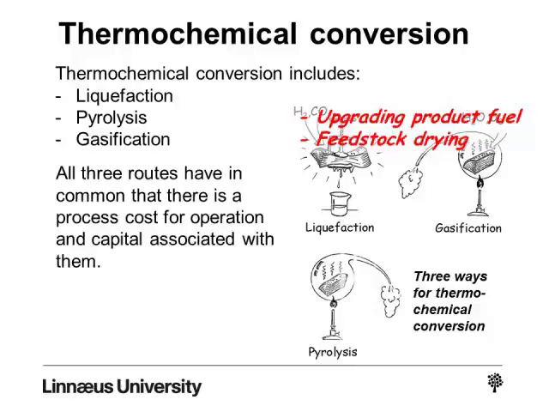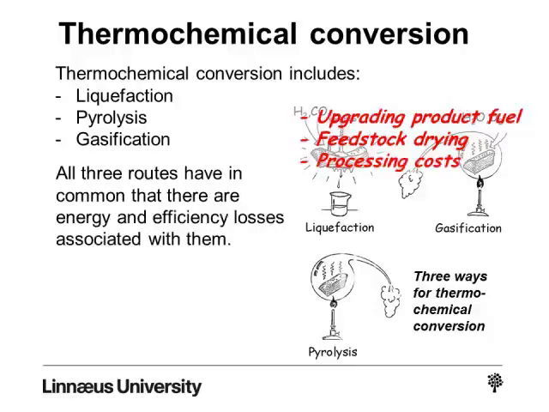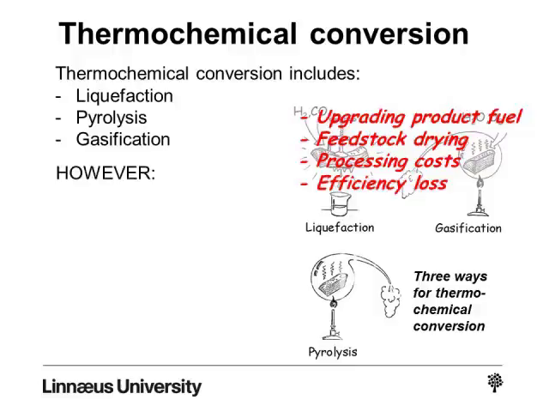All three routes have in common that there is a process cost, not only for operation, but also for capital, because you have to make an investment in the thermochemical conversion plant. They also have in common that you will lose energy, and hence you will lose efficiency when you do a conversion. So these are the four major drawbacks which are common to all thermochemical conversion processes.